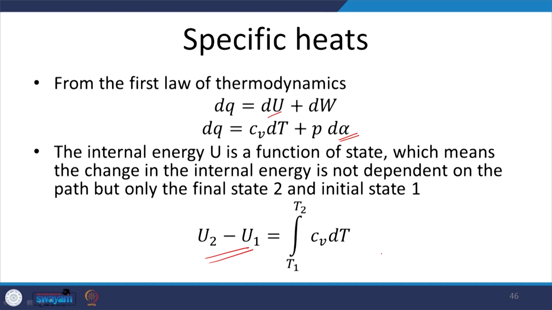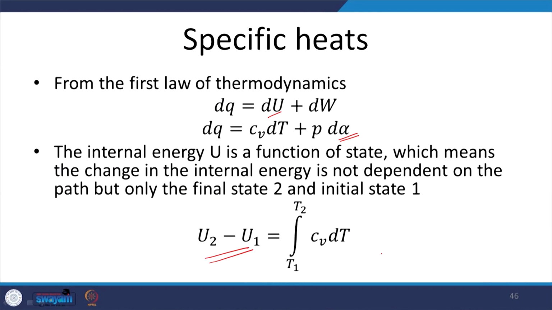If you keep the volume of a gas constant and supply some heat, then the change in the temperature will depend on the change in the internal energy, but nothing else, because du is equal to Cv dT, right. So, the change in internal energy is from T1 to T2. The initial state and the final state are characterized by temperatures T1 and T2, integral of Cv dT. So, you can also write it like this.